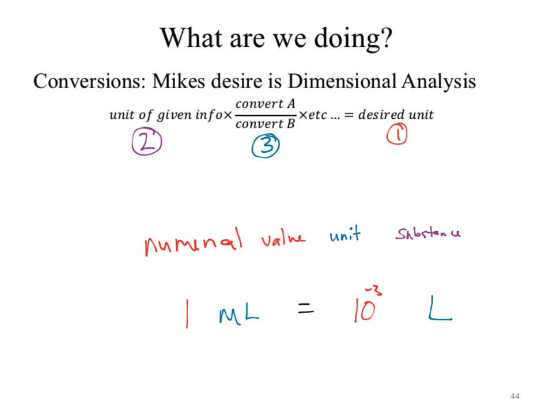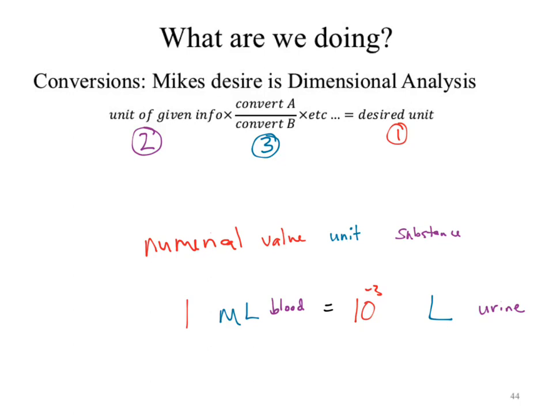Okay. Can this be 1 milliliter of, let's try this, blood equals 10 to the minus 3 liters of urine? No. Why are you saying no? Because it needs to be the same substance.